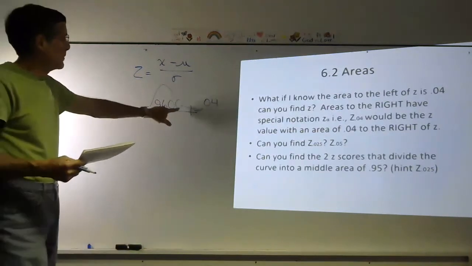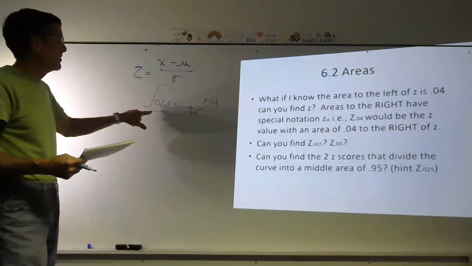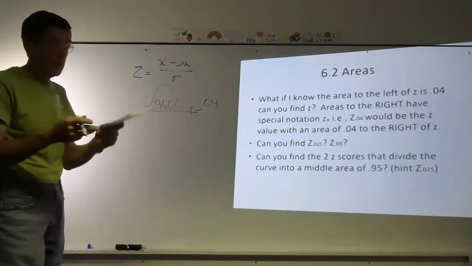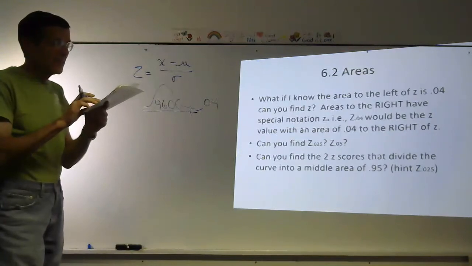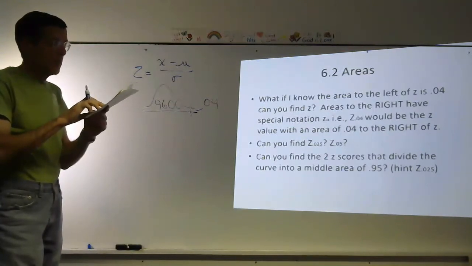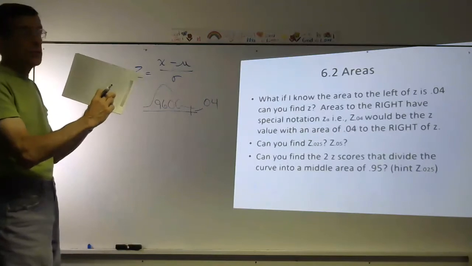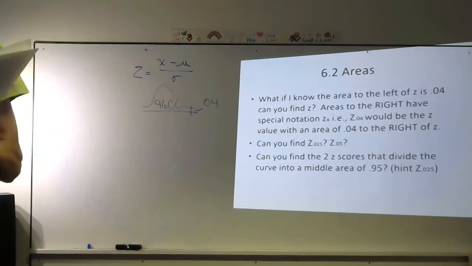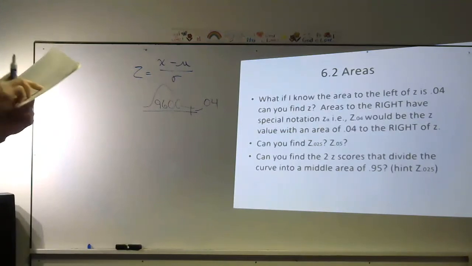Now, if you know this area to the left is 0.96, can you find the z value? Do a reverse lookup. Look for 0.96. It's on the right-hand side of your chart. And there is the construction once again.